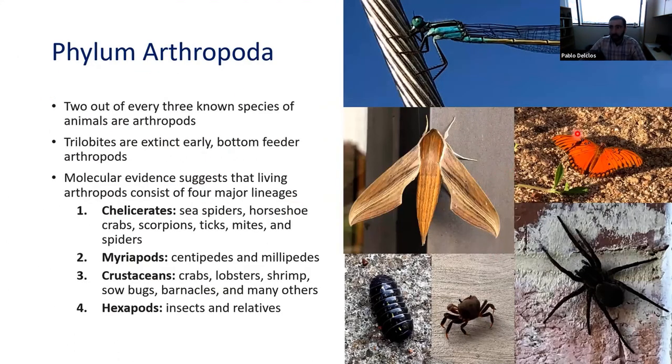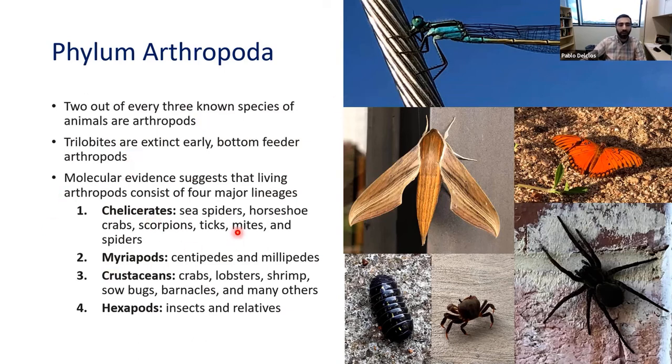So the other group are the arthropods. The ones you might be most familiar with are insects, but outside of just insects, we also have crustaceans, chelicerates. If you don't know that spiders aren't insects, they're not.